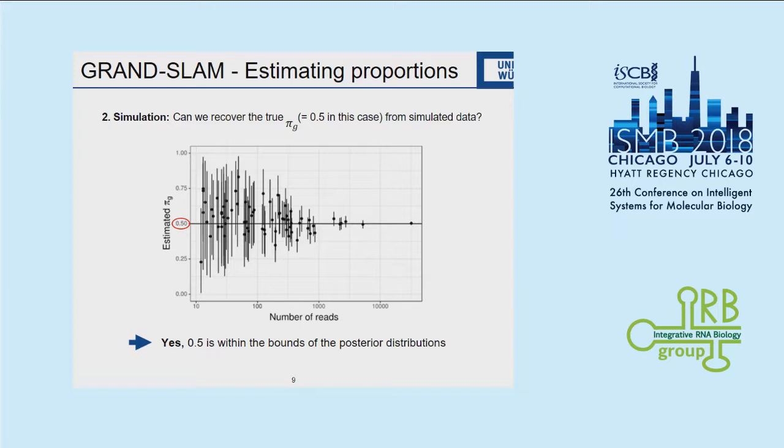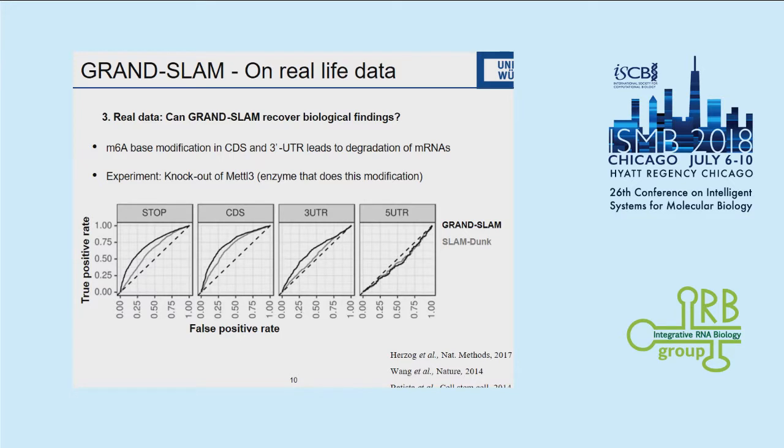But we didn't only apply it to simulated data, we also applied it to real data. To give you a little background on this experiment, m6A is a cellular mechanism which degrades mRNA at CDS regions and 3' regions. And the group of Herzog et al., who published SLAM-seq, did an experiment where they knocked out METTL3, which is an enzyme that does exactly this base modification.